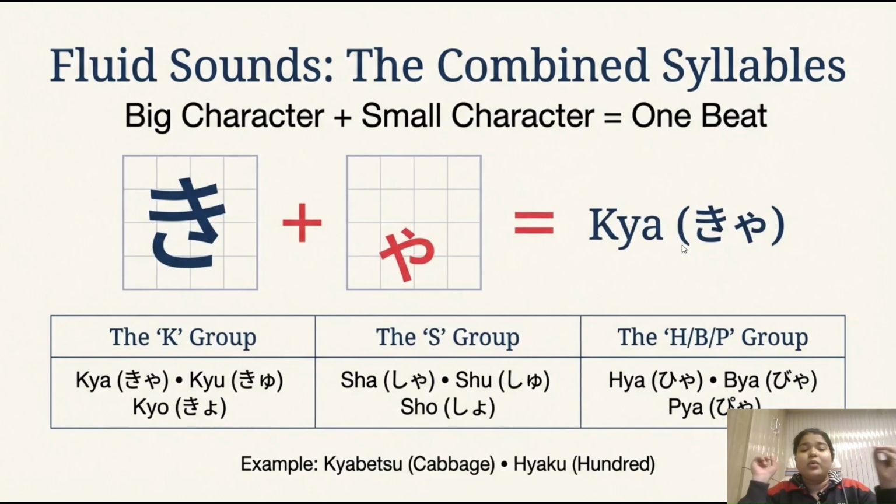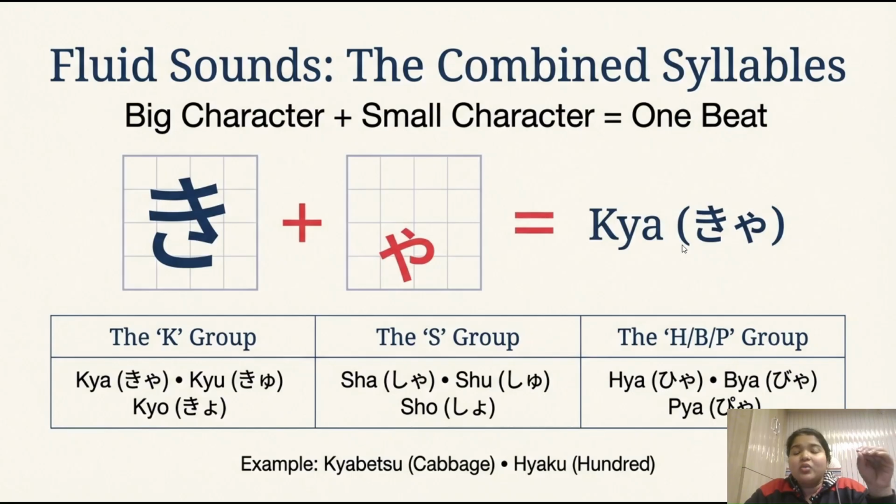For example, we have ki over here. When ki is attached with ya, it changes to kya. Likewise, in the K group you can see kya, kyu, kyo. In the S group you can see sha, shu, sho. In the H, B, P group you can see hya, bya, pya.